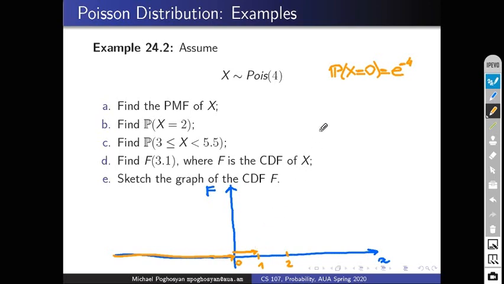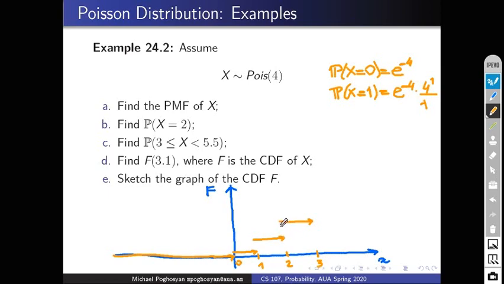Here I have a jump of size the probability that x is taking the value 1. So x is taking the value 1 with the following probability: e to the minus 4 times 4 to the 1 over 1 factorial, which is the same as 4 times e to the minus 4. So a little bit larger jump. Then up to the point 3, I will have another constant.